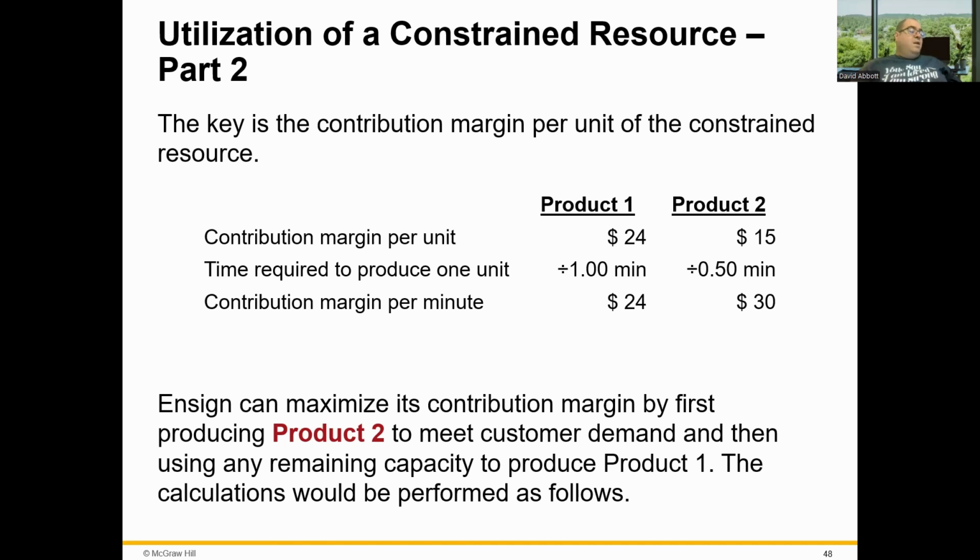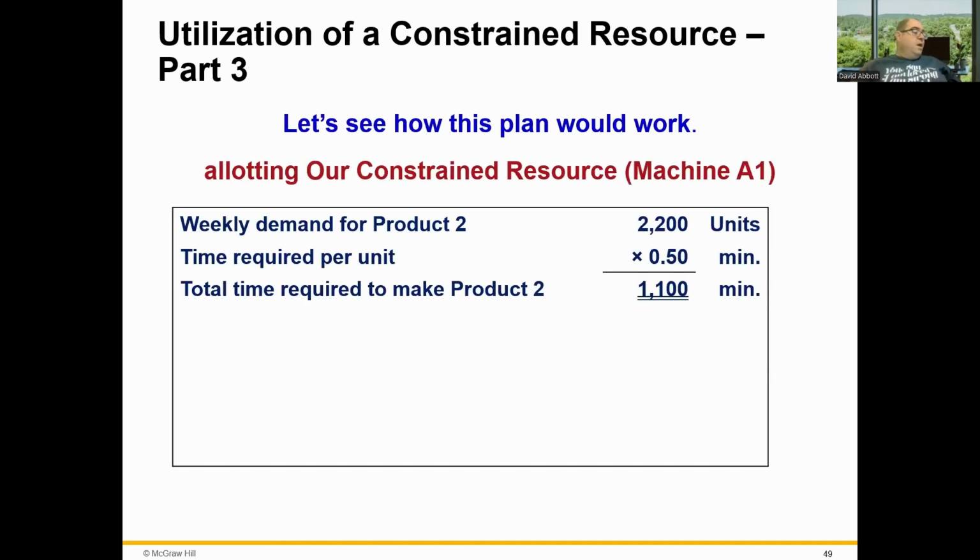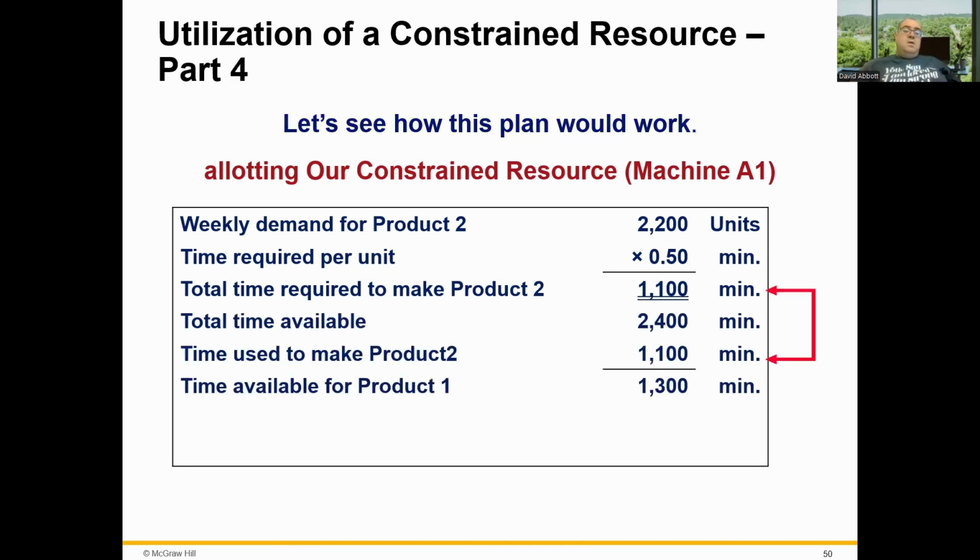The calculations would be performed as follows. Satisfying the weekly demand of 2,200 units of product 2 would consume 1,100 minutes of available capacity on machine A1. This implies that 1,300 constrained minutes would still be available to satisfy demand for product 1.